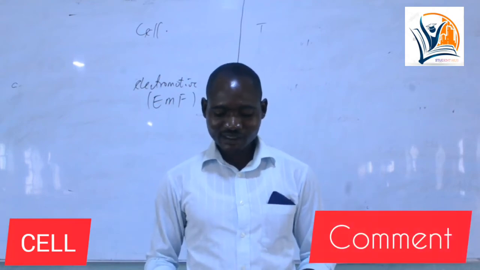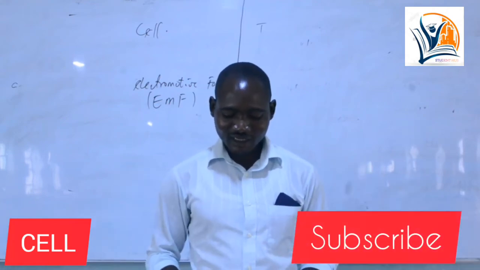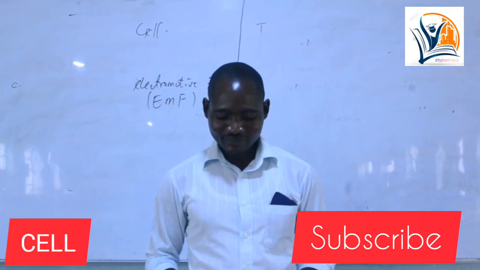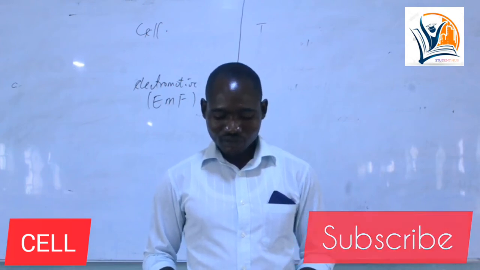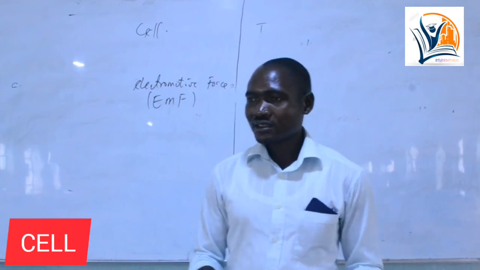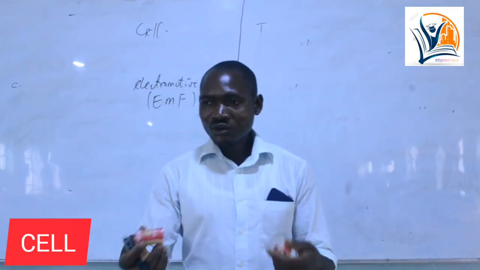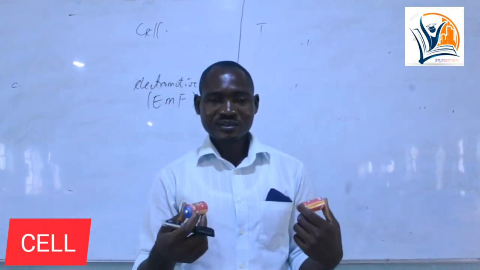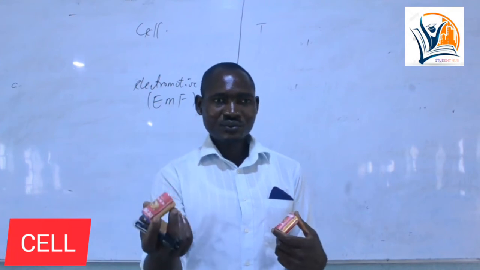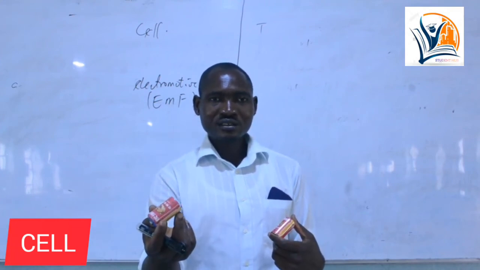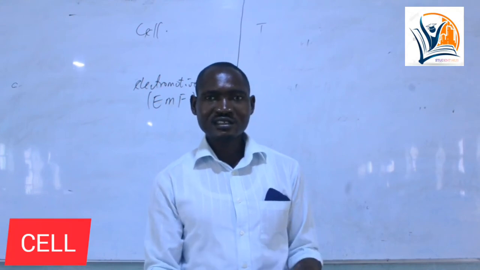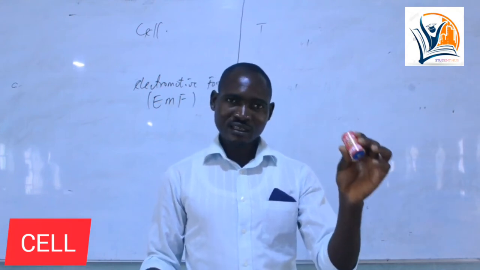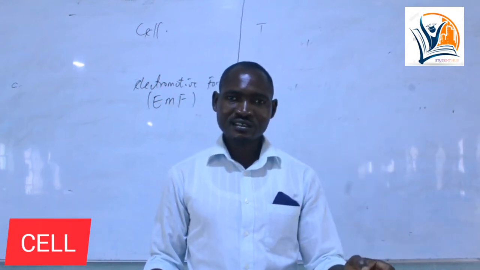And we have defined the potential difference of the cell. We have defined the EMF of the cell. So I hope you understand very well the difference between the EMF of a cell and the potential difference of the cell.